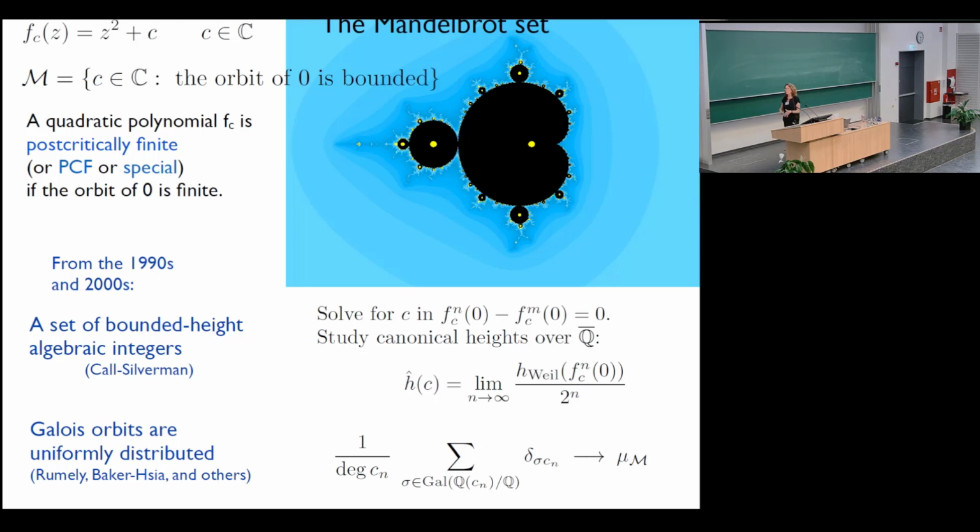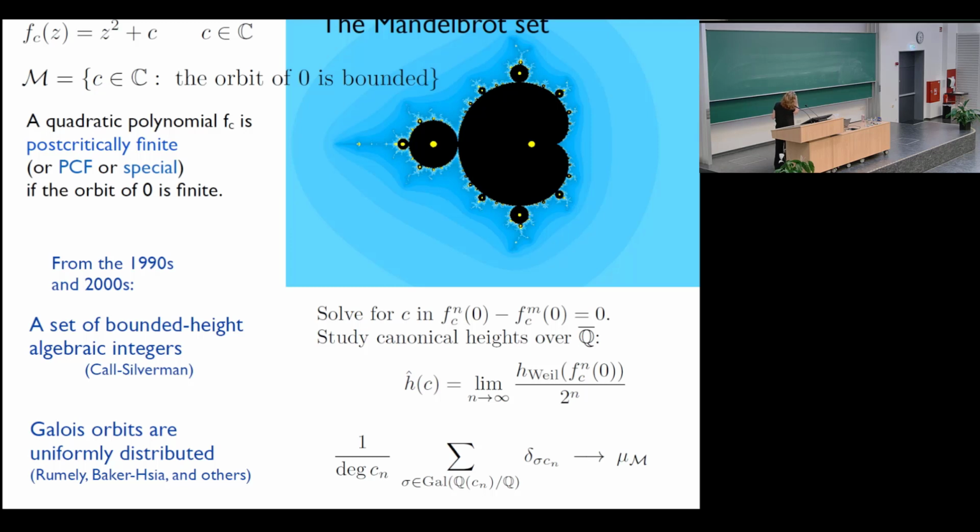So for example, we could study properties of their heights. For example, their Weil heights. It turns out they form a set of bounded height. Height, if you don't know, is a measure of arithmetic complexity. I mean, one can talk about the height of an algebraic number. It's a way to measure, in some sense, how complicated it is. I won't go more into that. I just wanted to mention. So one can study various aspects of these heights.